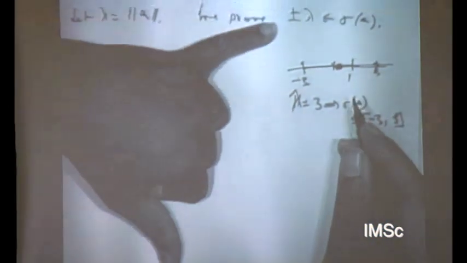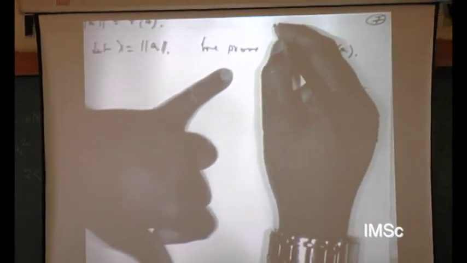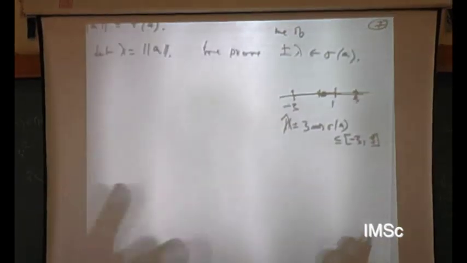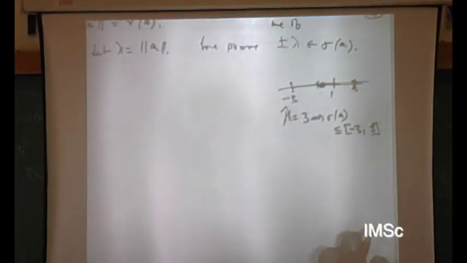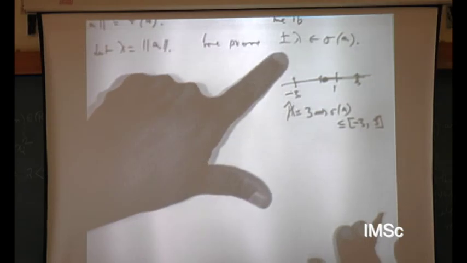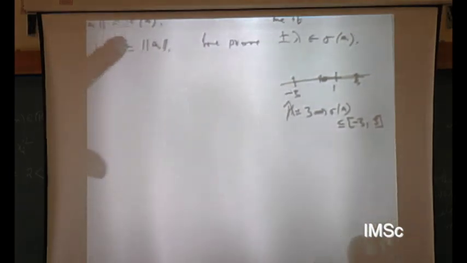I'm saying either lambda or minus lambda is in the spectrum. Is it clear that once I have proved that, it will prove that the norm of A is the spectral radius of A?